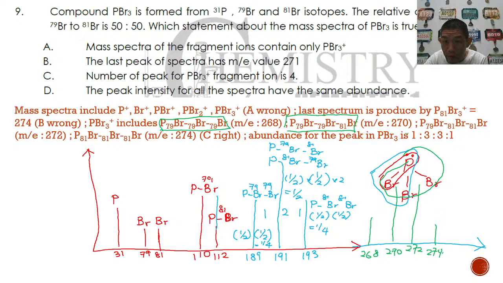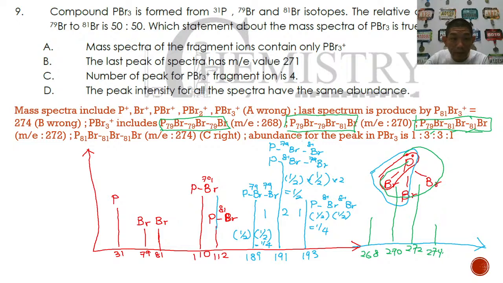And the same goes with 272. So 272 in here is made of P 79 Br, 81 Br, 81 Br, and you have 3 possible orientations for this: 79, 81, 81; 81, 79, 81; and 81, 81, 79.